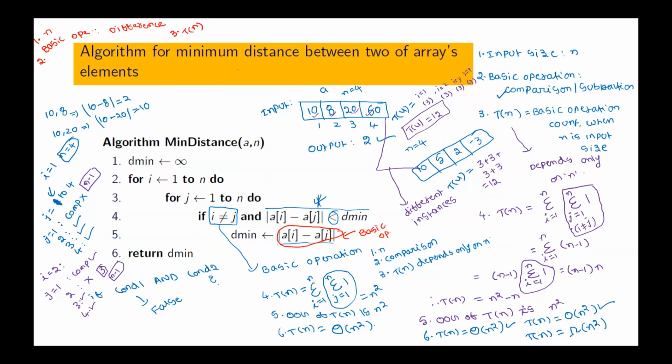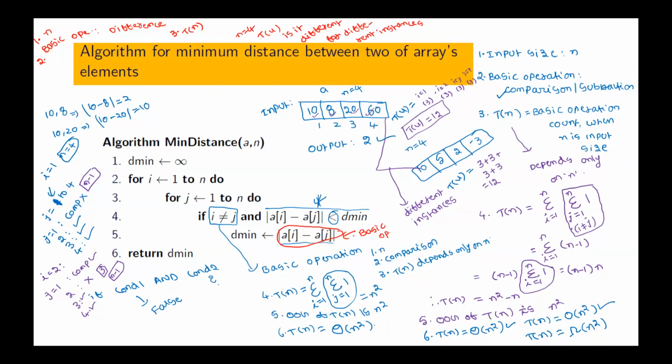That means if n equal 4, T of 4, is it different for different instances of size 4? Sir, step number 5 will be performed only if the step number 4 condition is true. So of course it depends on values also.